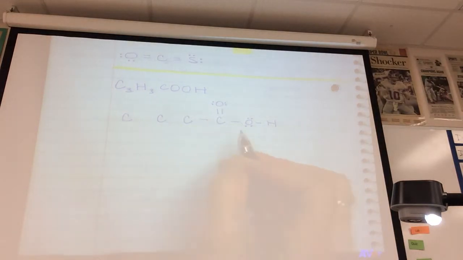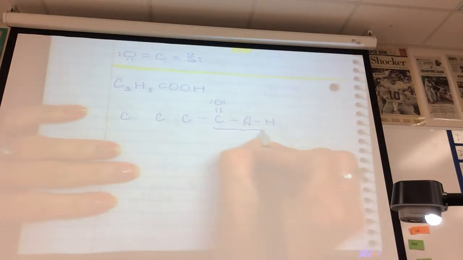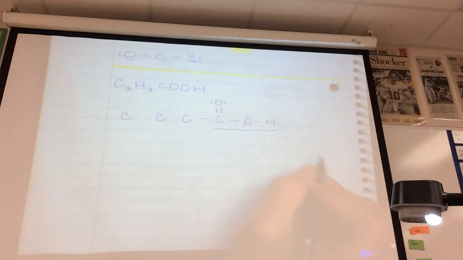Groups are high priority. What do you mean priority? Like you name it first, right? Aren't they highest priority? Oh, I know what you mean in terms of numbering. Yeah.